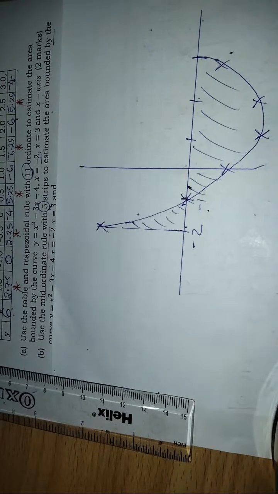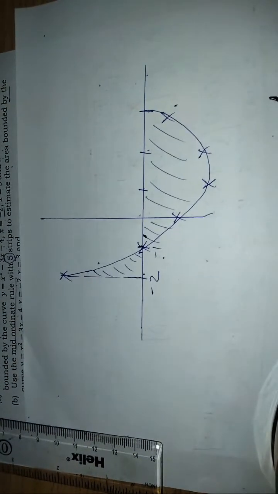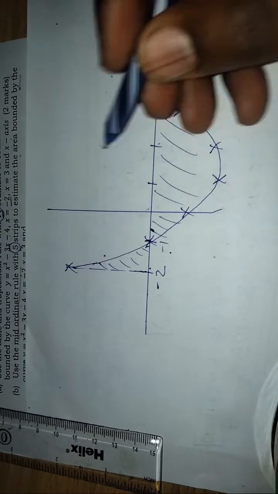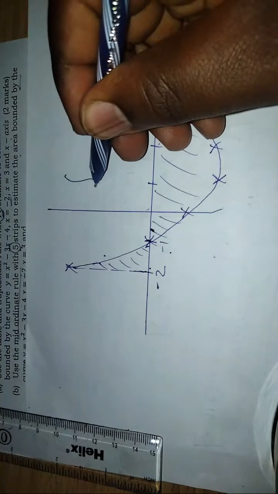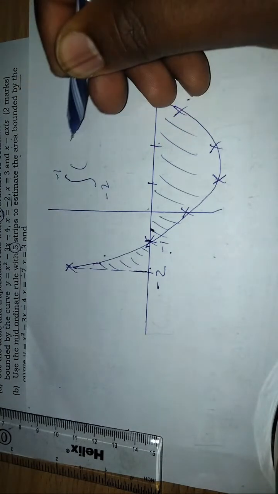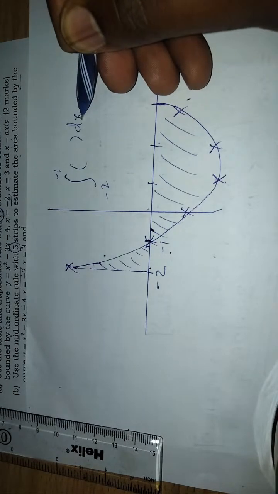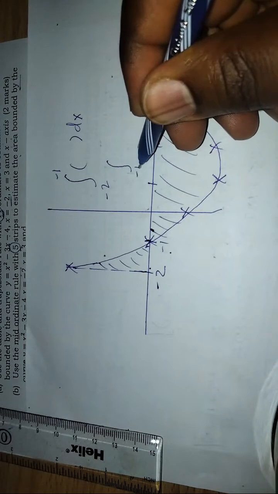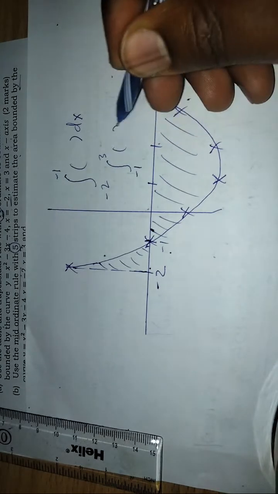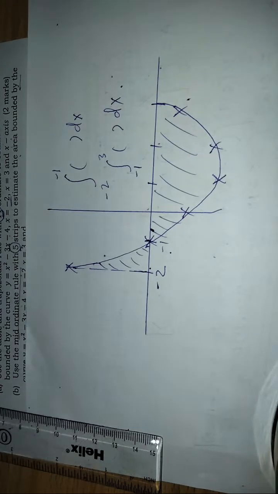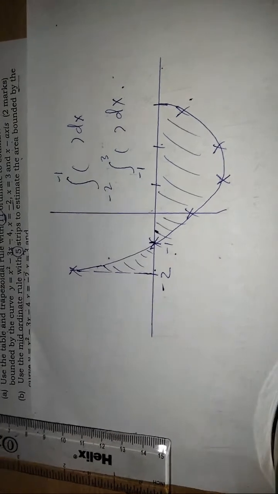So this means I will carry out integration twice. I'll start by integrating this curve from negative 2 up to negative 1 with respect to x. Then I integrate the same curve from negative 1 now up to positive 3 with respect to x because of the nature of this curve. So that is how I'm going to carry it out right now.